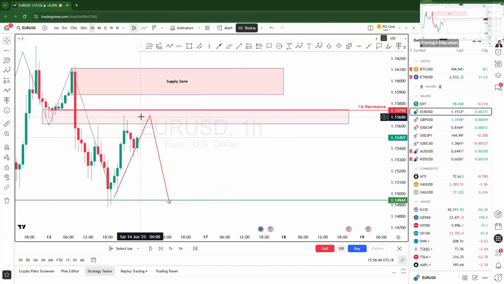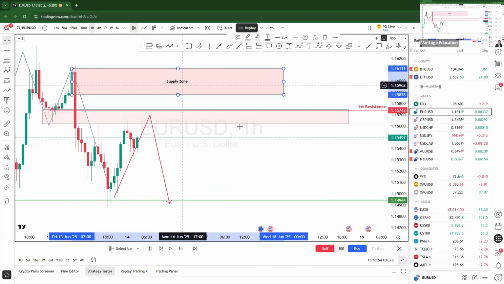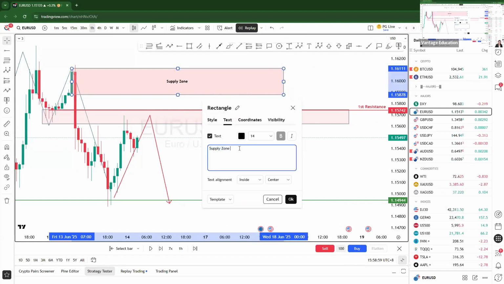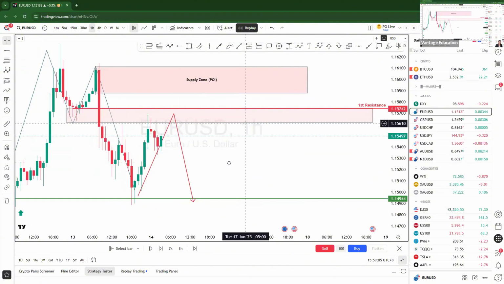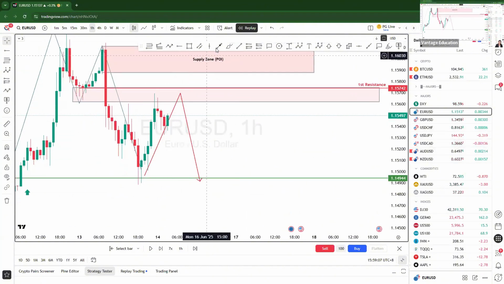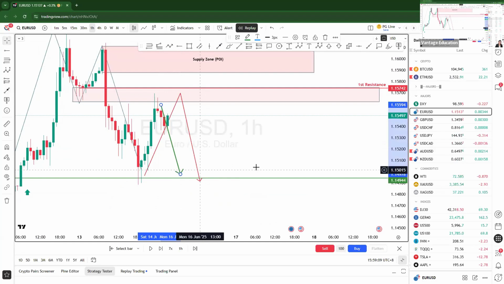If price rises again, we're not going to sell at this resistance level because the next level, the POI, or point of interest, is over here. If price falls from this level, you're gonna fall to this, right?